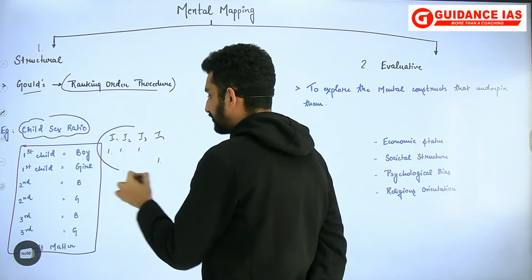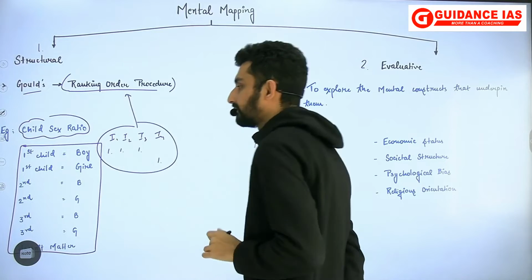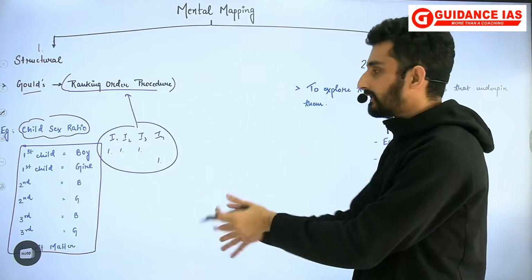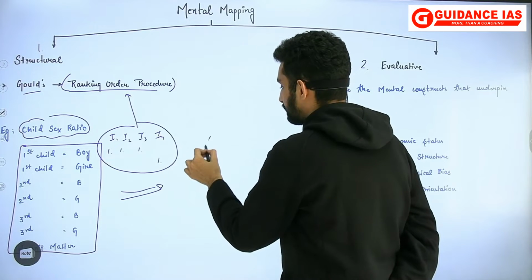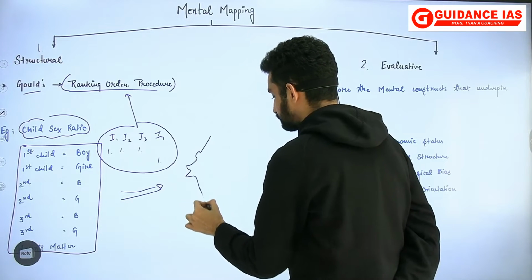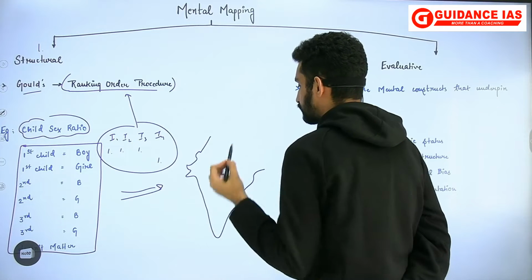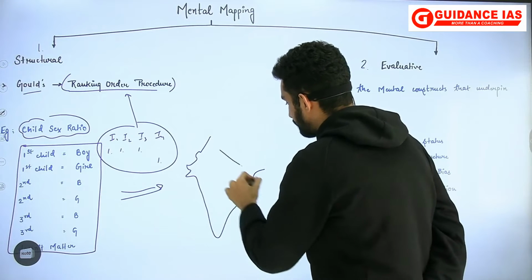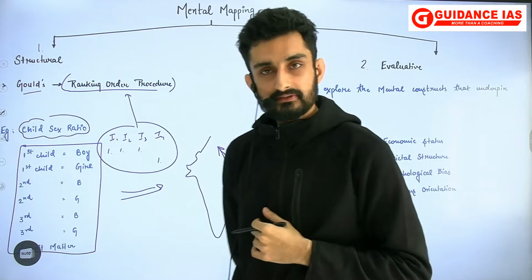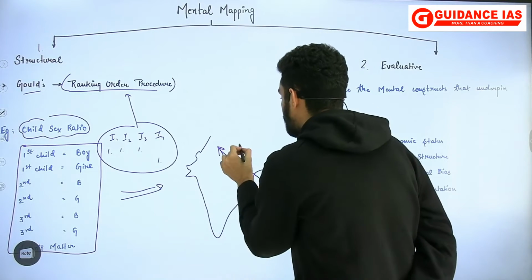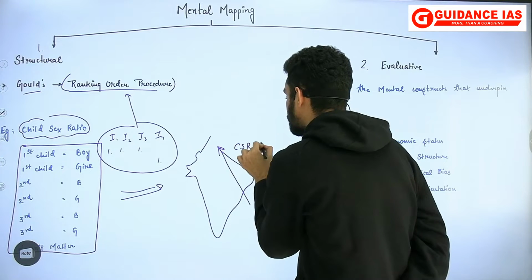So this is how they will be doing the ranking order procedure, and based on this particular theory we will be ascertaining the behaviors in space. So let's say we have India on this particular end. What we are finding is that when we are going towards the north and northwestern region, child sex ratio is declining.